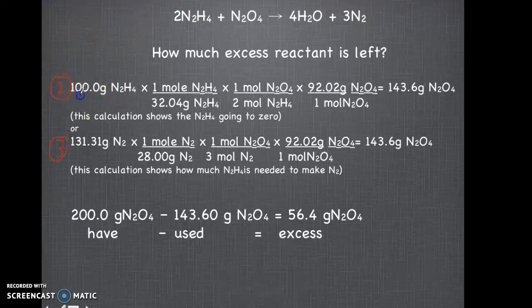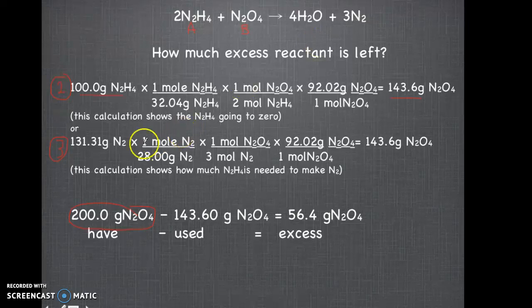In setup number 2, what we did was start off with the limiting reactant. We took the 100 grams they gave us to start with, and my B is always going to be the N2O4. In this scenario, remember that after you get the N2O4, that number you subtract from the original amount of N2O4 they actually gave you. The third setup, the third way you could do this, is that earlier we solved for the theoretical amount of nitrogen from doing the 2 stoichiometry setups.